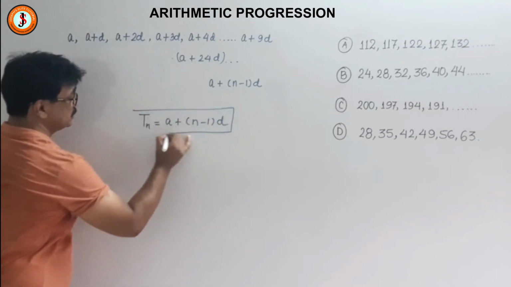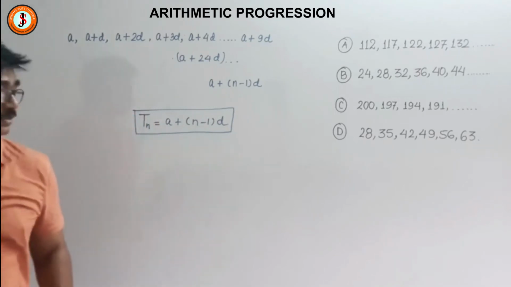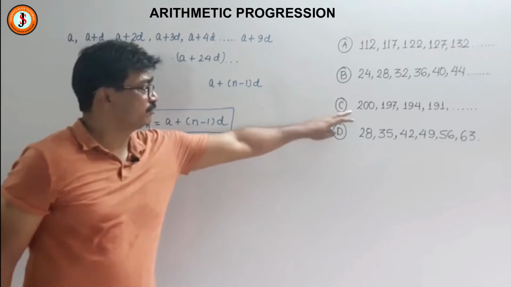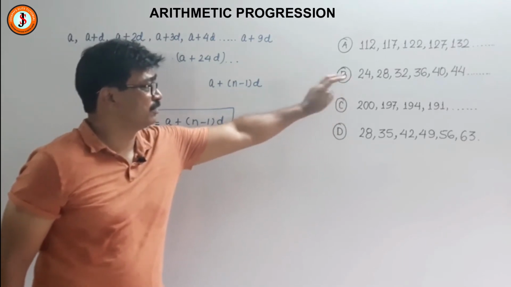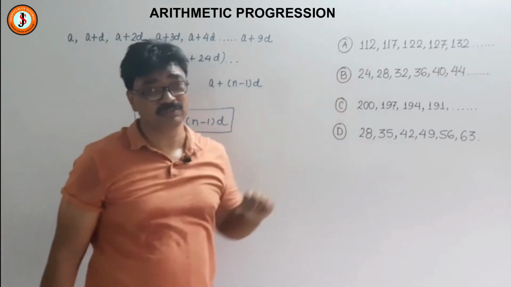Now let us do one sum, then we will understand further. What is the seventh term of this sequence?